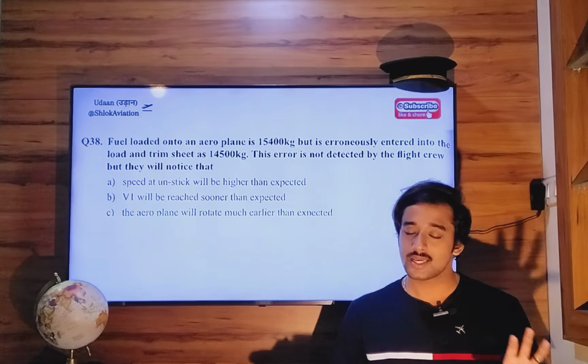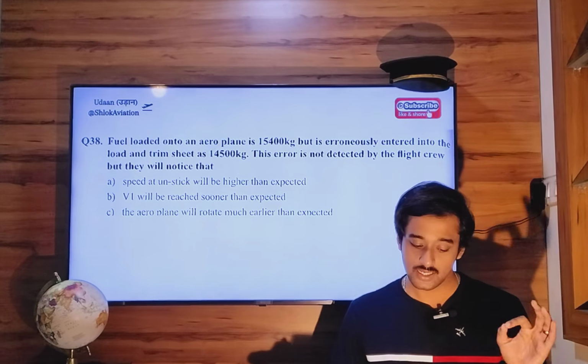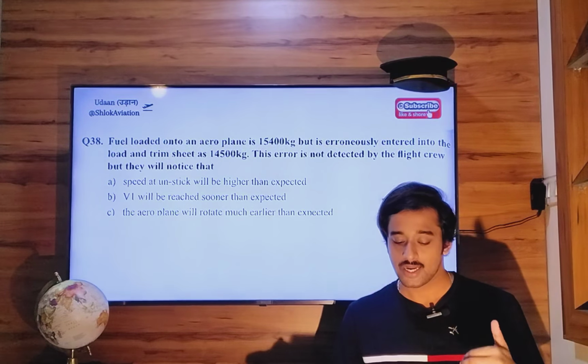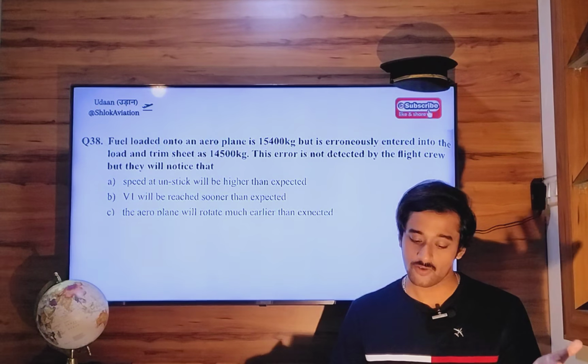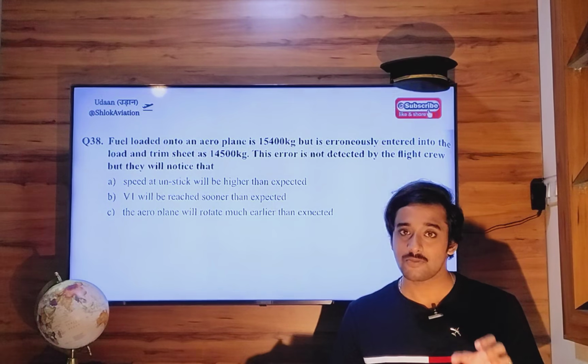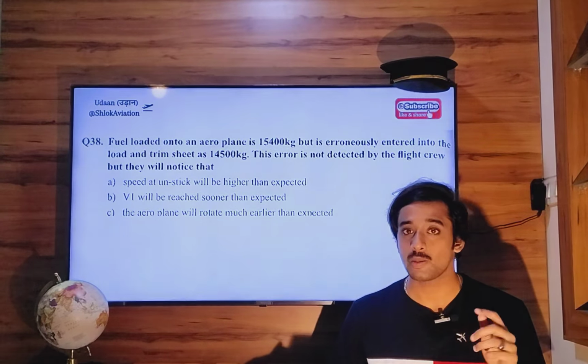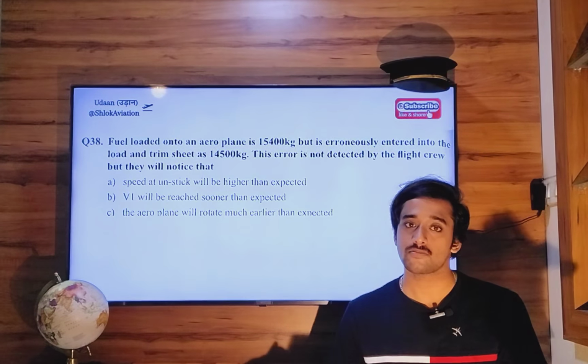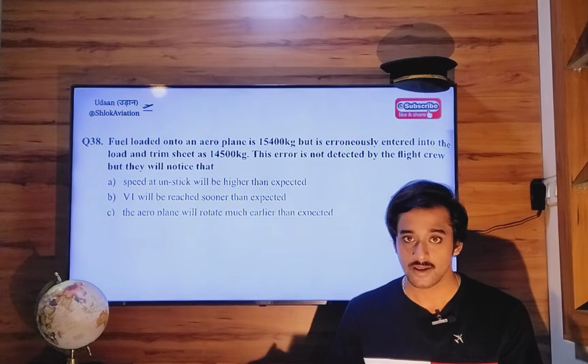So the flight crew thinks the fuel is equal to 14,500. But the actual fuel in the fuel tanks is 15,400. That means the actual weight of this aircraft will be at least 1000 kg heavier than the weight the pilots are imagining, right?